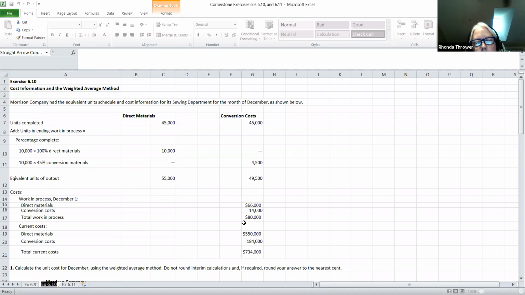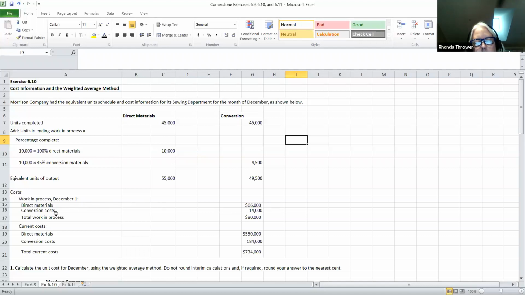Then they showed you the cost. So right here, I know it says conversion cost, but that's not necessarily true. It's really conversion units that they're talking about on this part right here. These are the actual cost of the period. And notice the cost of the period was given to you, the beginning work in process, direct materials amount was 66,000.